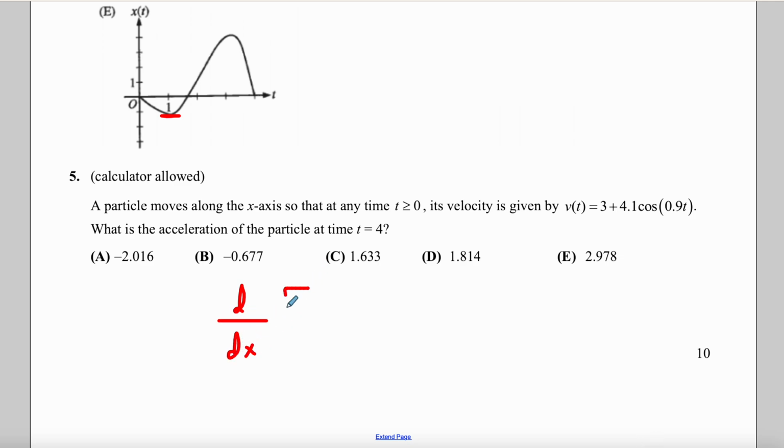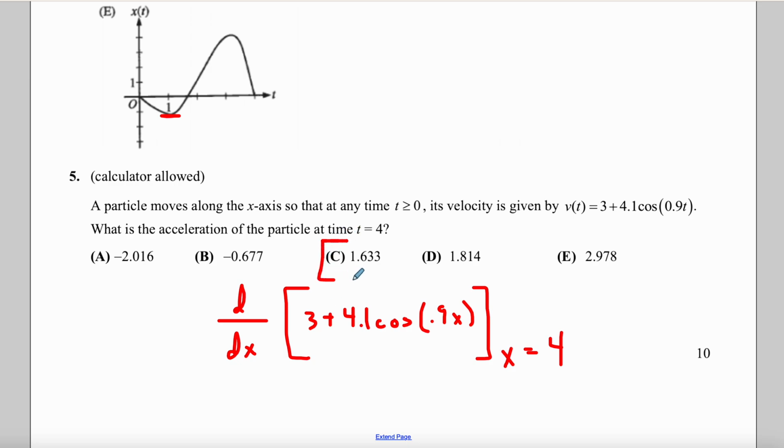And then I want to take that function and plug it in, so we're going to go 3 plus 4.1 cosine of 0.9x. I'll close that parentheses, and then x we want to be 4. So if I Math 8 that, plug that in, that ends up being 1.633.